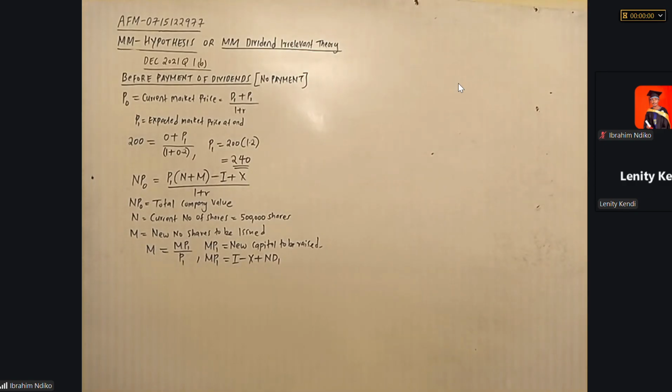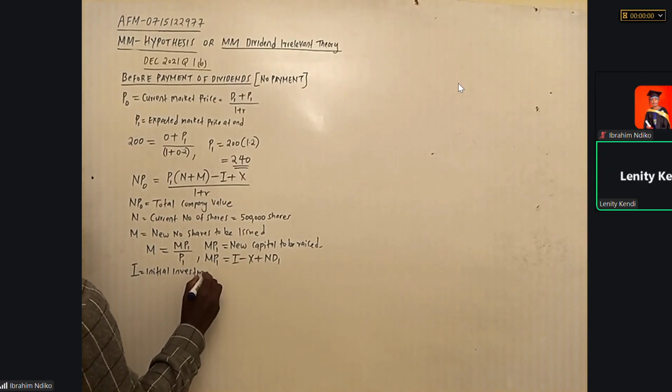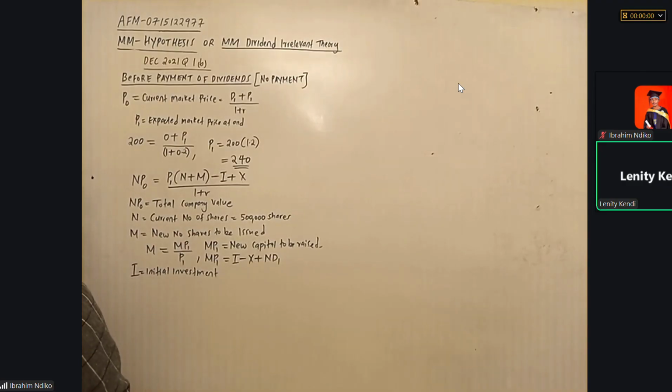Now I is the investment required or initial capital. Going to the question, the company's expected net income is 6 million and the available investment proposals are estimated to require 12 million shillings.